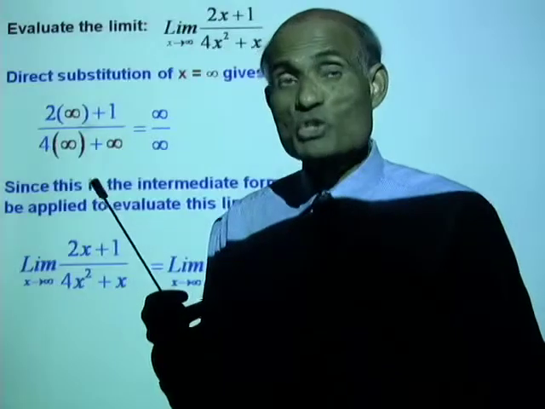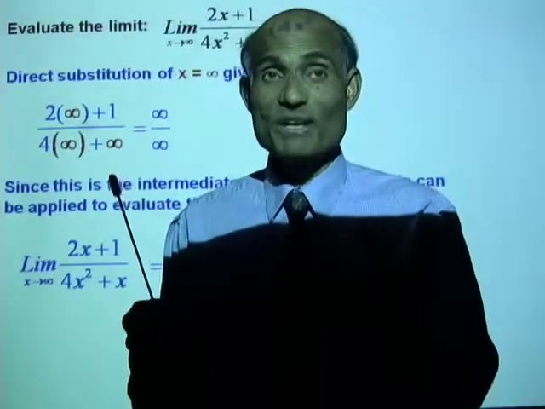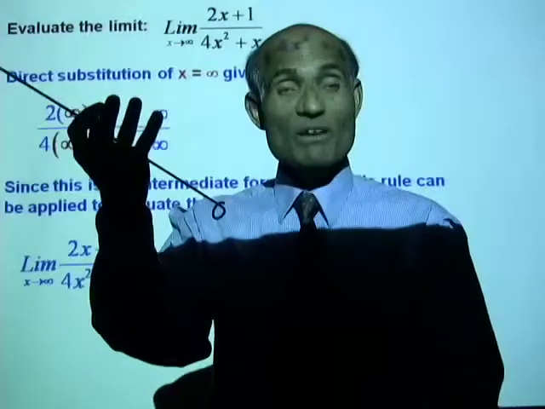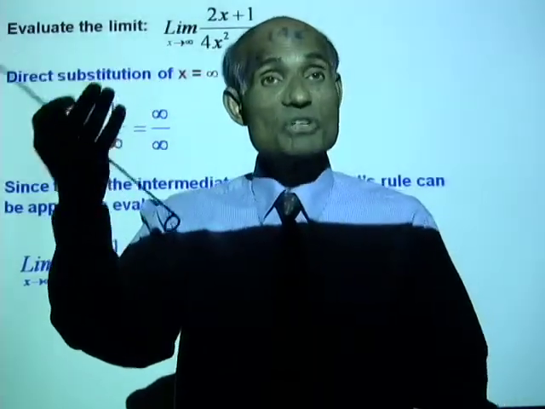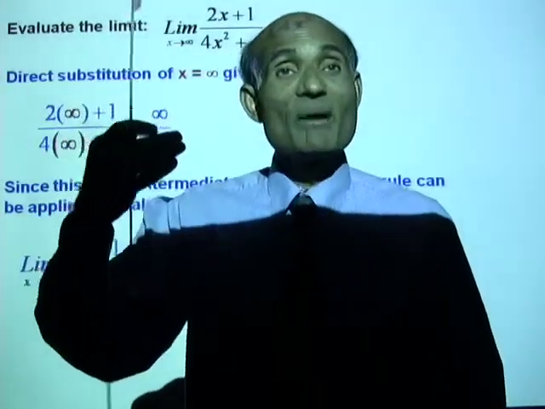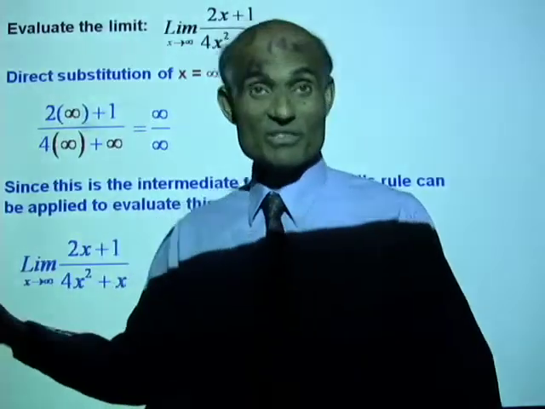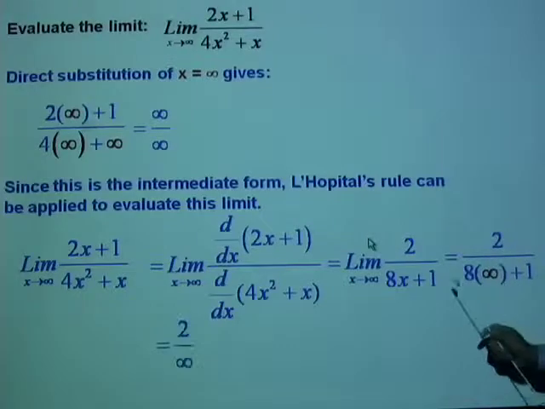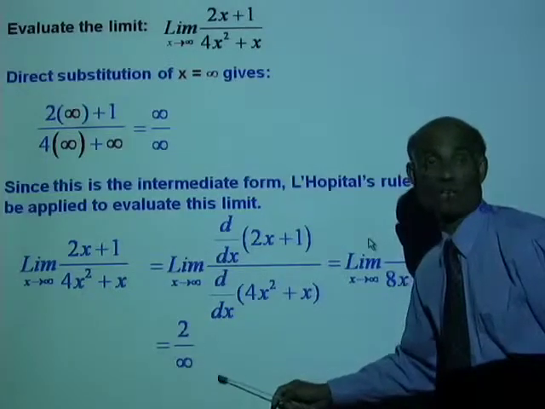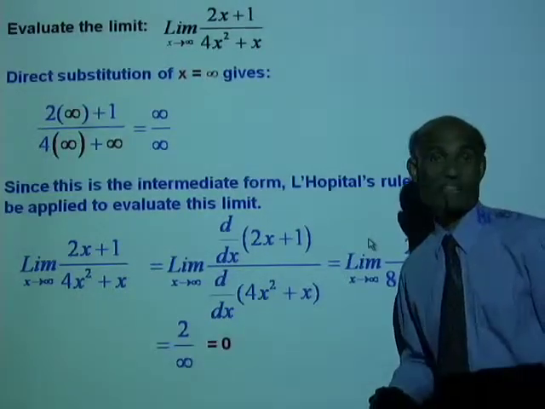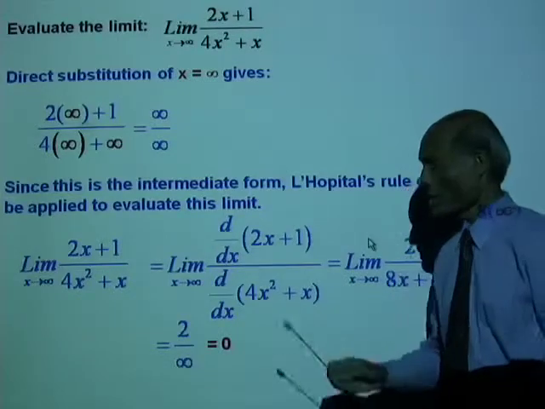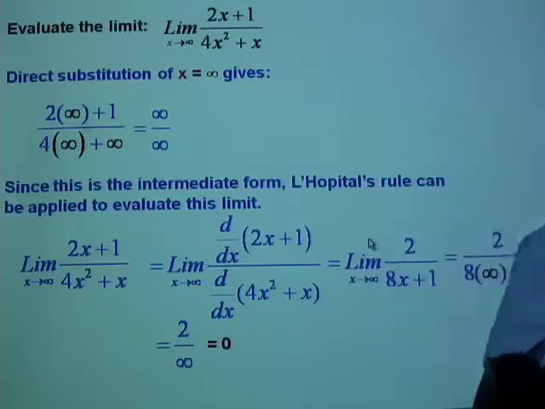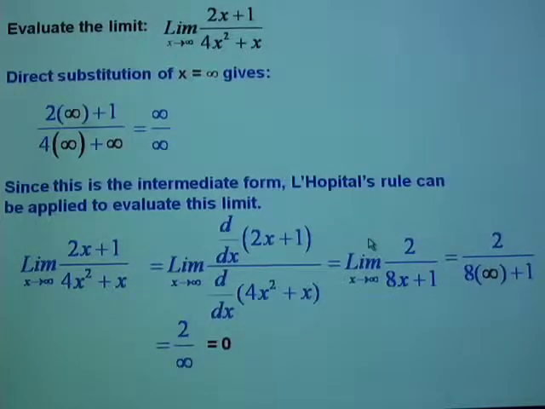These are important concepts that you cannot do without. When the denominator becomes infinity, the value is 0. Any number divided by infinity is 0. So the value of this limit is 2 over infinity, that is 0.